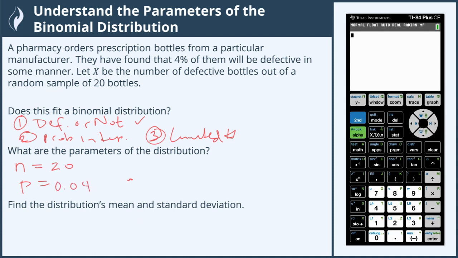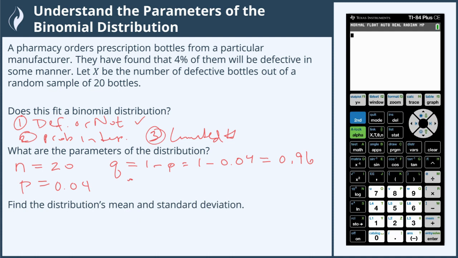And q, which is the opposite of p. So q equals 1 minus p, which equals 1 minus 0.04, which equals 0.96. So from this, we can find our mean and standard deviation.